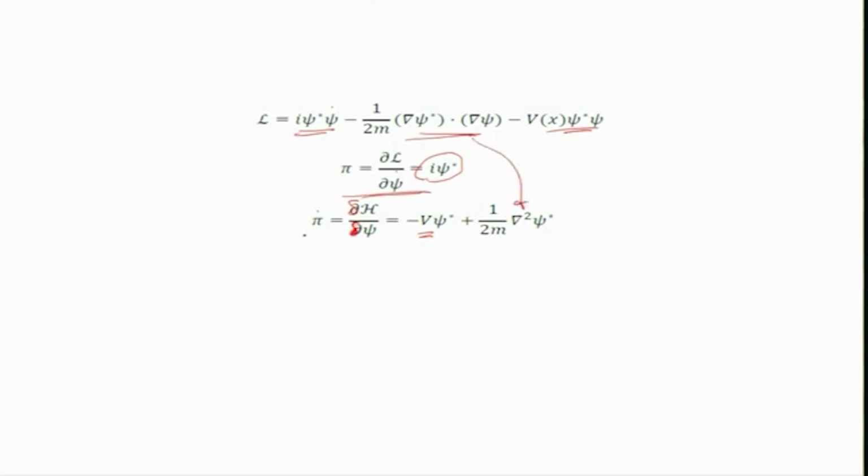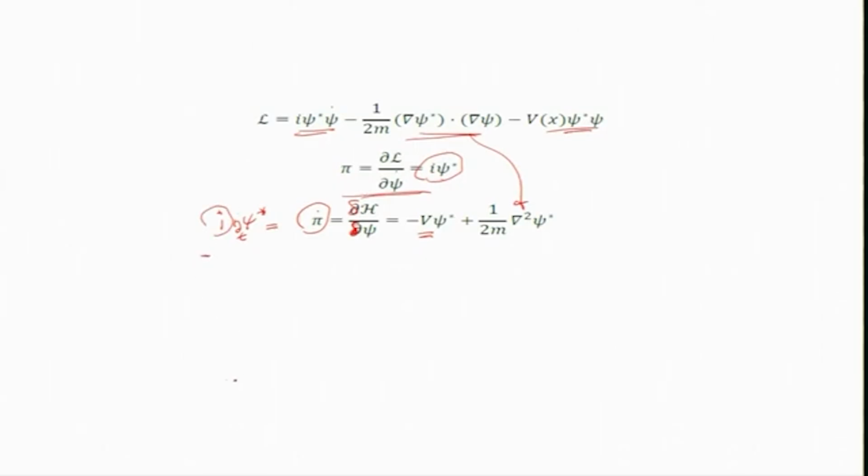But for pi dot, I take pi equal to i psi star. So, this is going to be i psi star dt, coming from here. Now, there of course is a function of psi star. So, take the complex conjugate of the equation. What will I get? i becomes minus i, this will change sign.